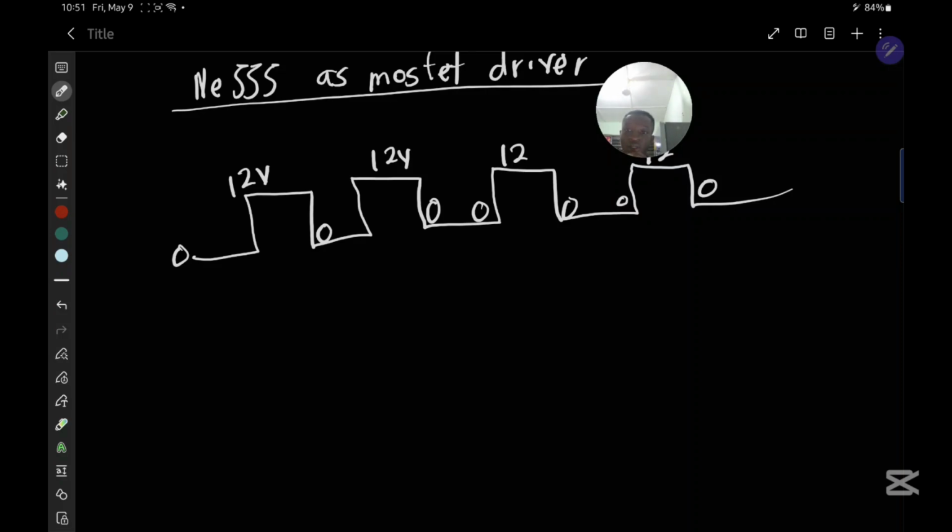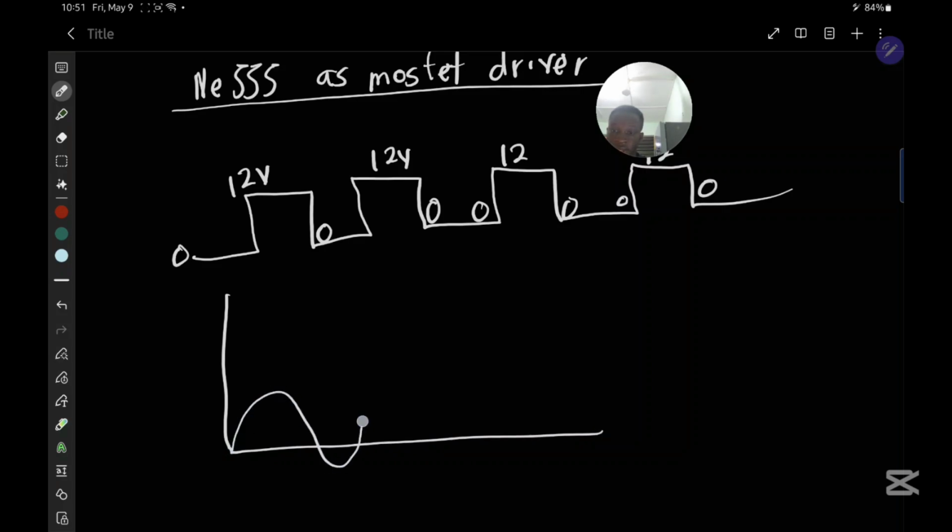Now in contrast, this is what an AC signal is going to look like. This is just a bonus. An AC signal looks something like this. We have our positive and then our negative.